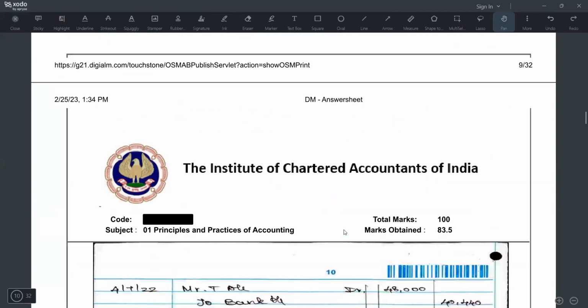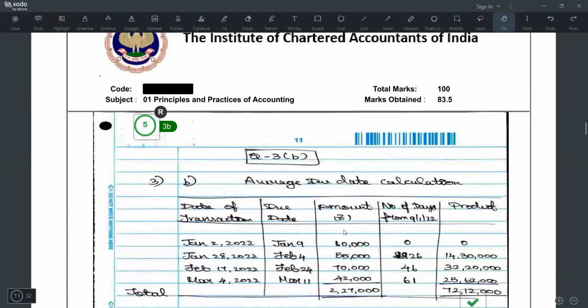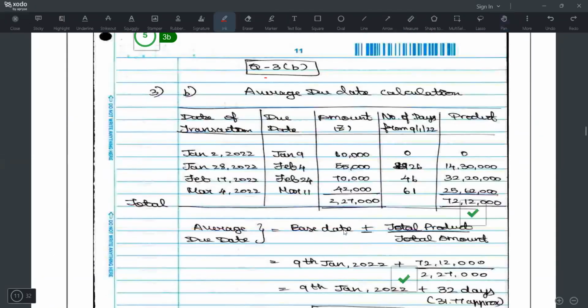Okay, next. 3B, it's a simple question, and I will give you one more tip. When average due date and account current are going to be tested, you should write average due date. When average due date and sale or return are tested, it is up to you. The option is yours. If you're comfortable with average due date, you can go with average due date.